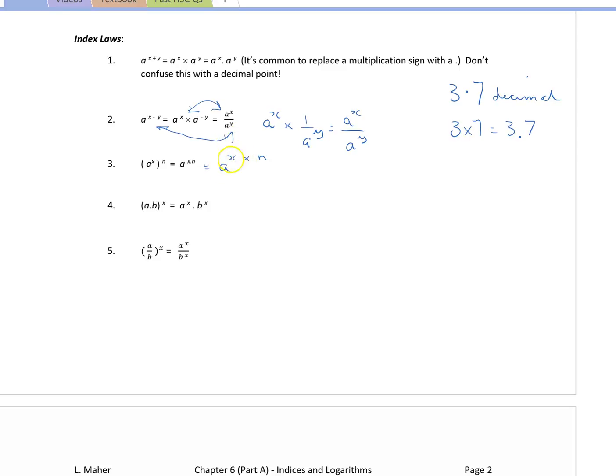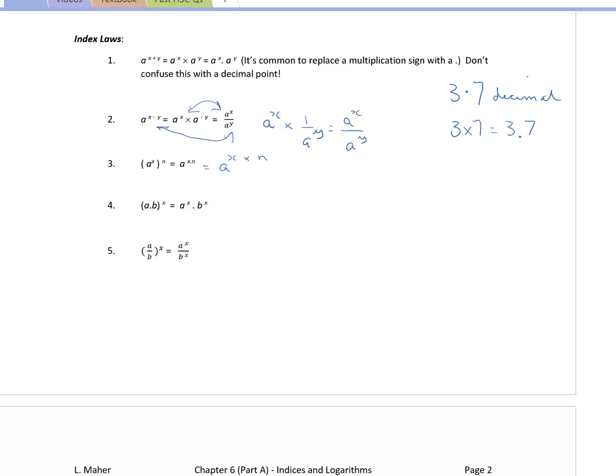In freehand script, I can make the distinction with a more curled lowercase x. But when I'm typing, a lowercase x looks very much like a multiplication sign. Again, you see the dot being used for multiplication.